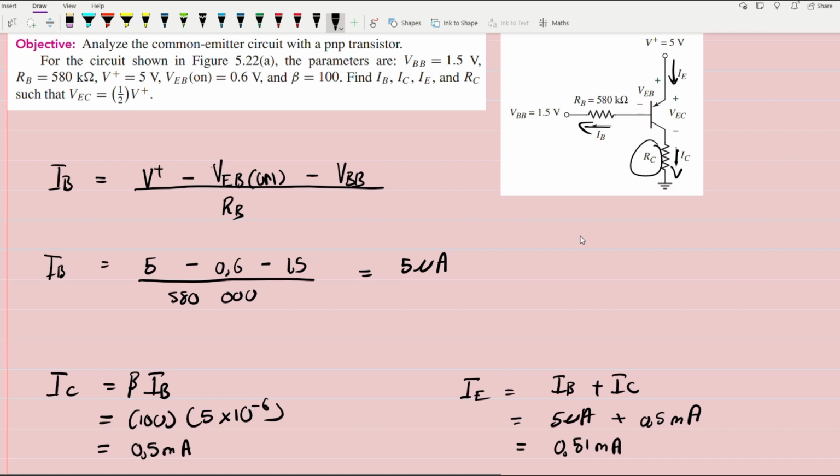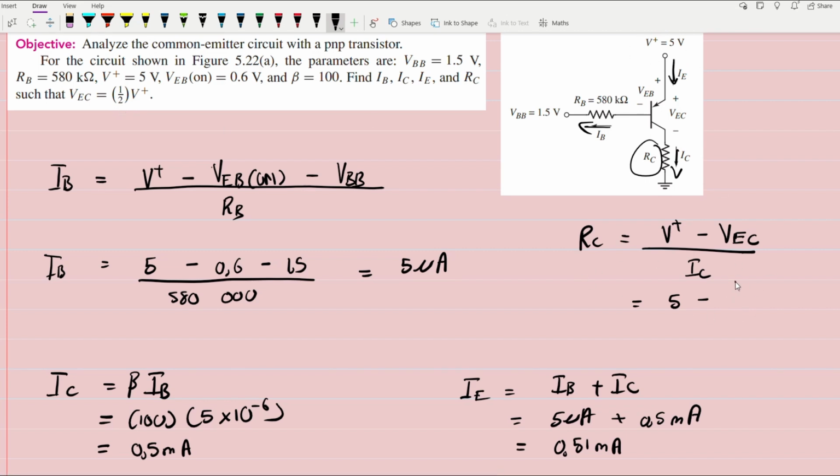So RC is equal to V positive minus VEC divided by IC. That will be 5 minus VEC, where VEC is equal to half of V positive.